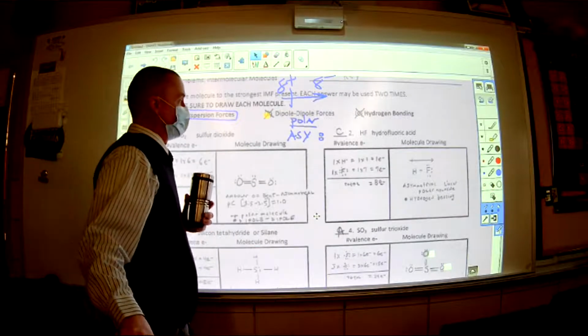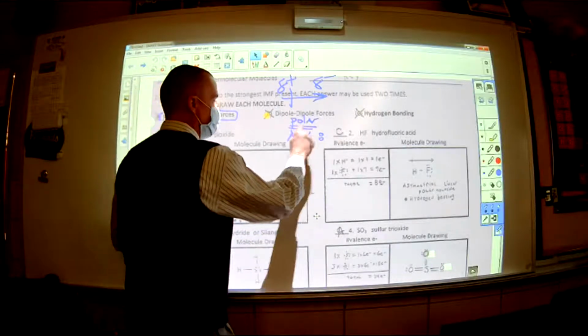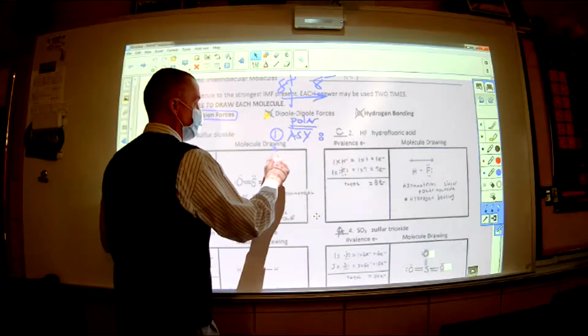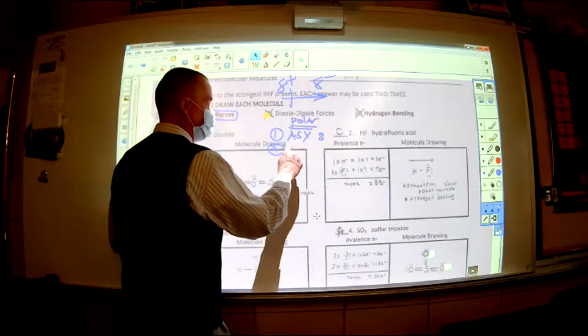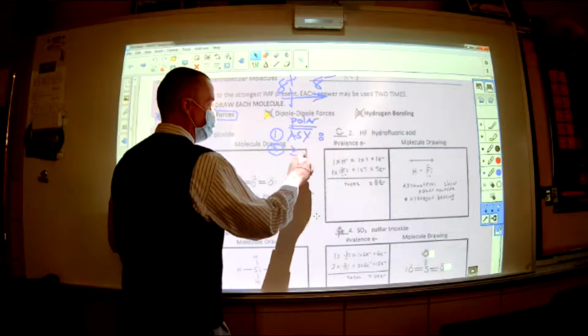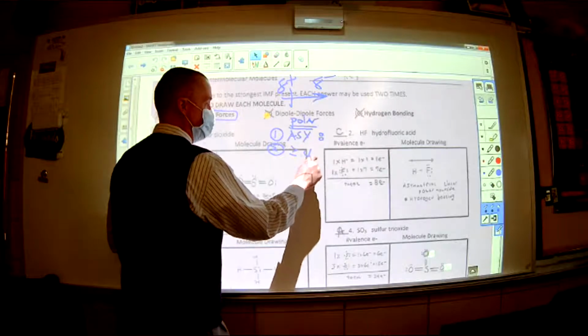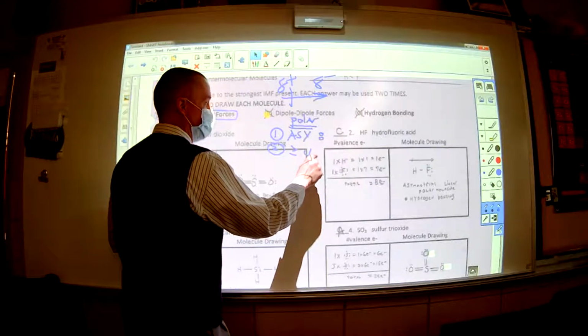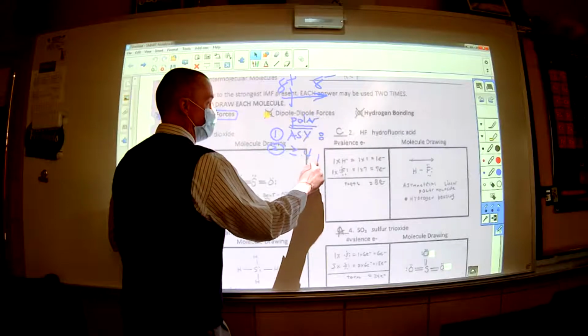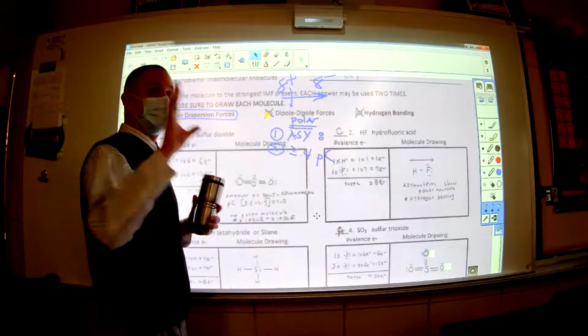What's the other factor? Electronegativity difference enough so that it is greater than or equal to 0.4 in this class, which would give the bonds what? Polar or nonpolar? Polar.